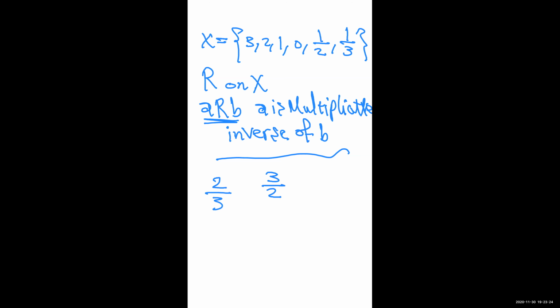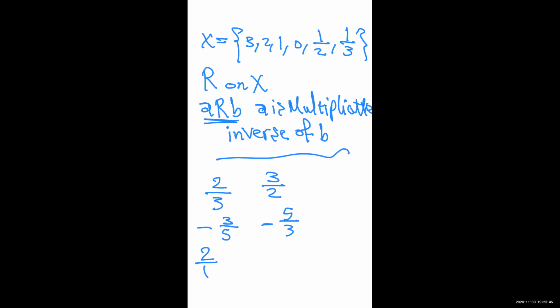I'm only flipping the number. If it's negative 3/5, it's also negative because I just flip the number and keep the same sign. So negative 5/3.